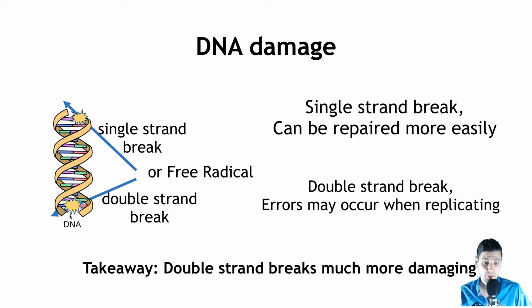Single strand breaks can be repaired more easily, whereas double strand breaks are more difficult to repair because now there's no direct evidence of which base pairs were there. So the takeaway is that double strand breaks can be much more damaging and can lead to a higher probability of things like mutations.